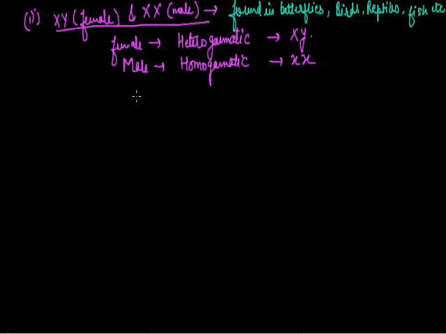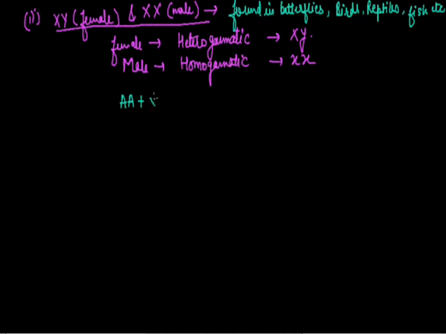So right now I am going to start the sex determination in butterfly. I don't know how many chromosomes are found in the butterfly or what kind of species I talk about. So this can be expressed as AA, as autosomes, plus, now I should write the sex chromosomes.